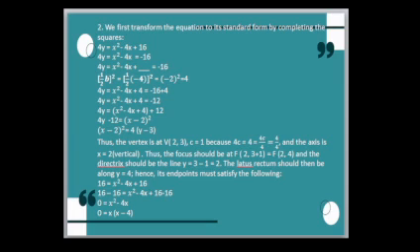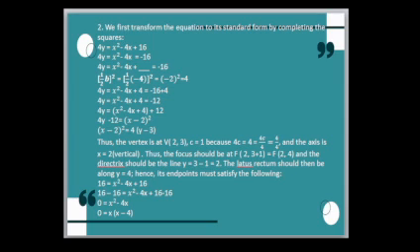And x squared minus 4x plus 4 is a perfect square polynomial, so we can have its factor, a square of a binomial.